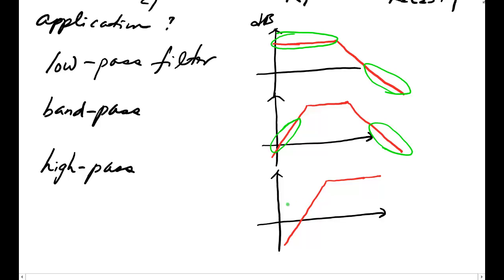And for a high pass filter, we pass the high frequency and attenuate the low frequency component. This is the attenuation.